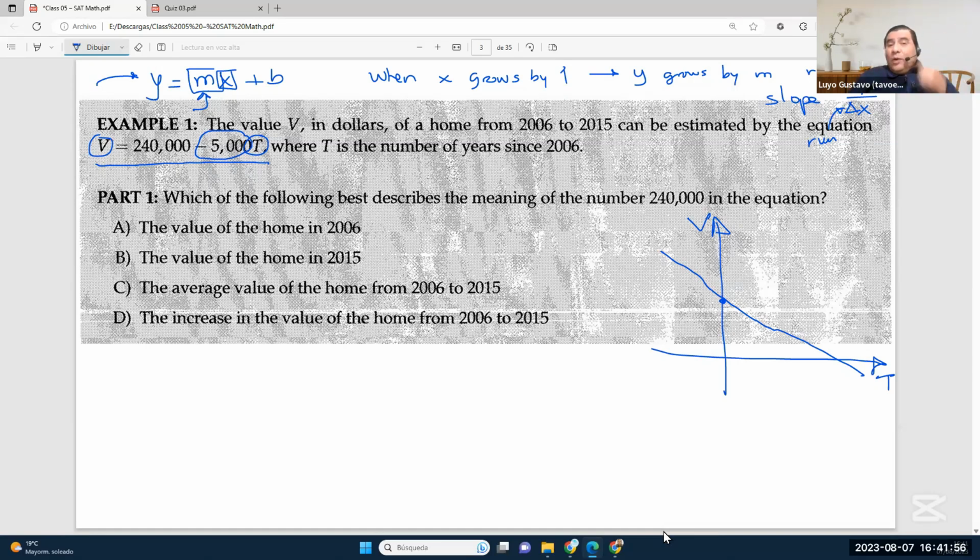Every time 1 year passes, our run here, if our run is 1, then there'll be a decrease in the value of the home. That's the idea, what we call depreciation. Yes, exactly. The usual best value of a home is at the beginning when it's just built. Then year after year, as time passes, the value of the construction will be decreasing. That's normal, right? So it's a linear decay model.